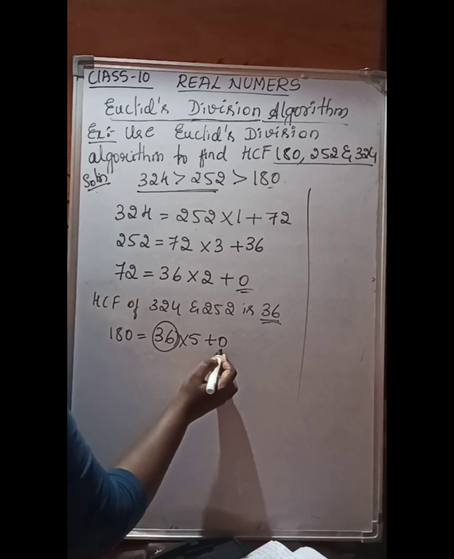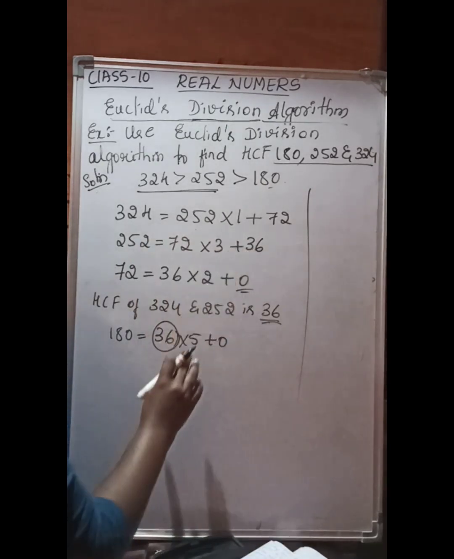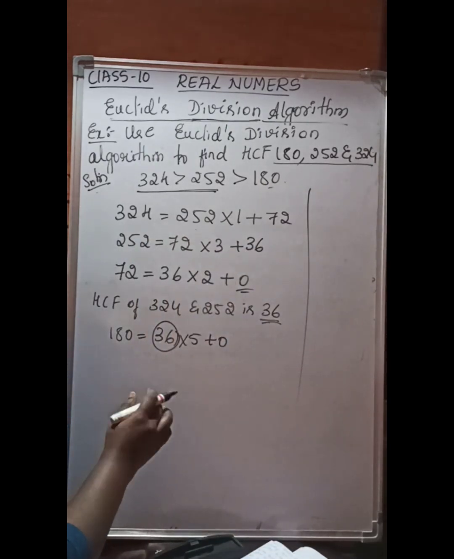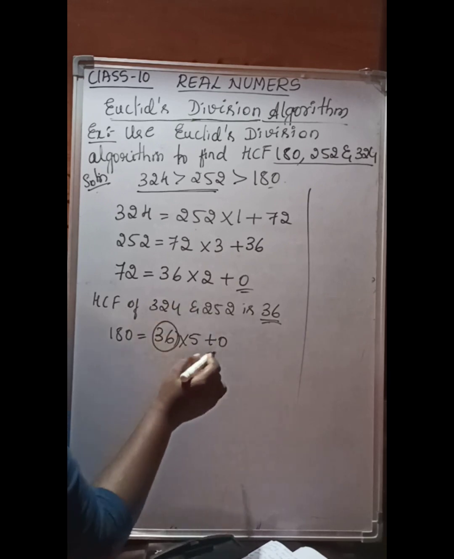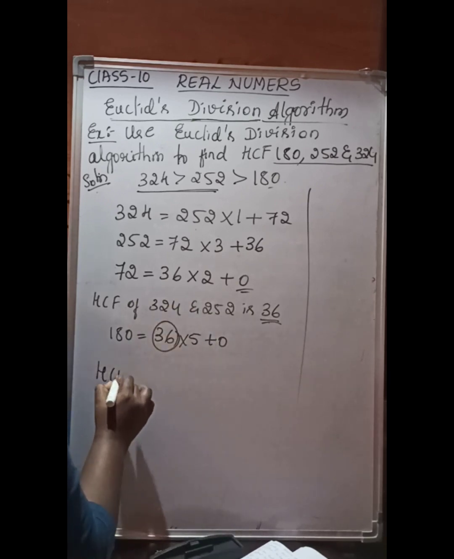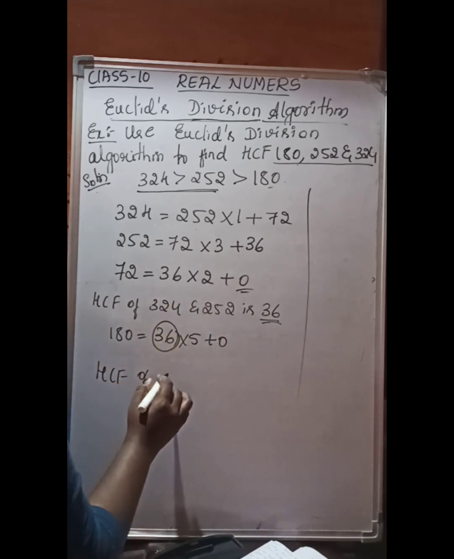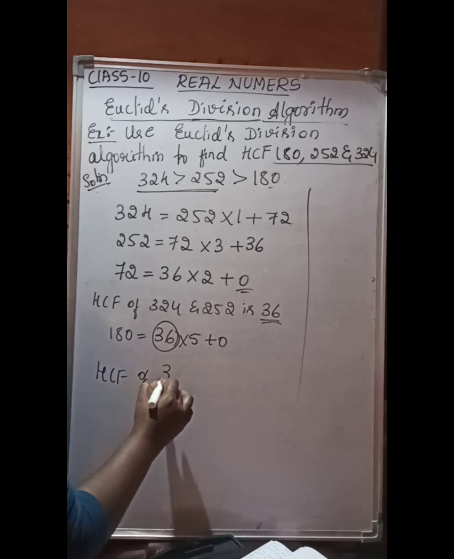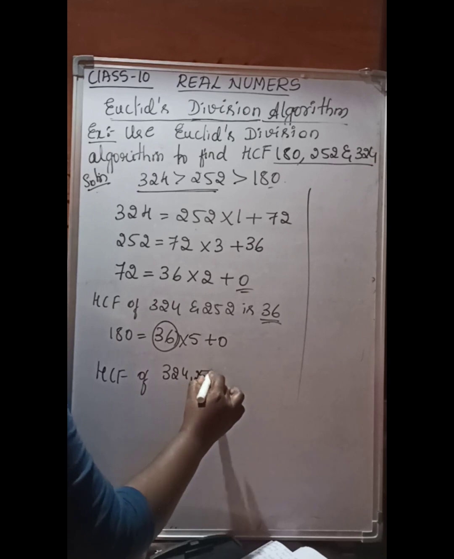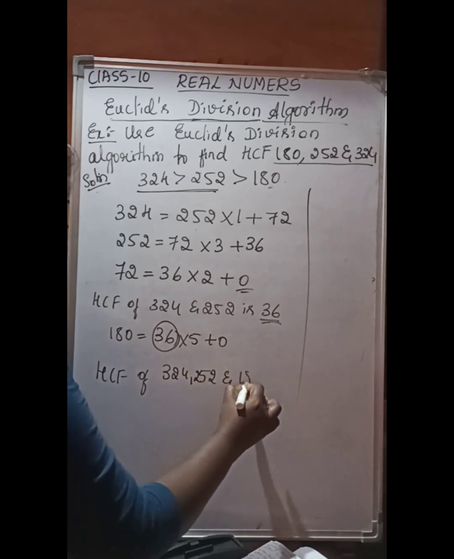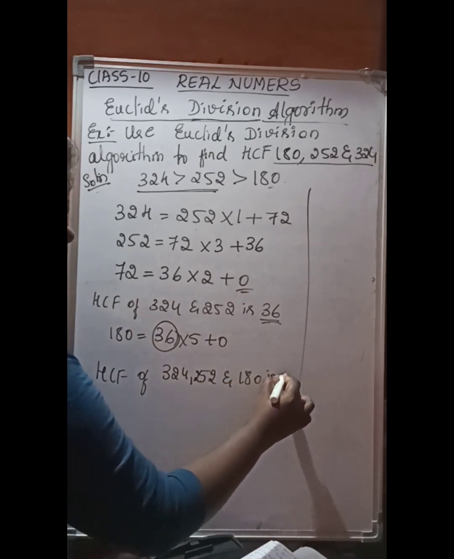Sometimes you will get another number; you have to follow these steps, then you will get 0. At that time you have to multiply it. Clear? So the HCF of 324, 252 and 180 is 36.